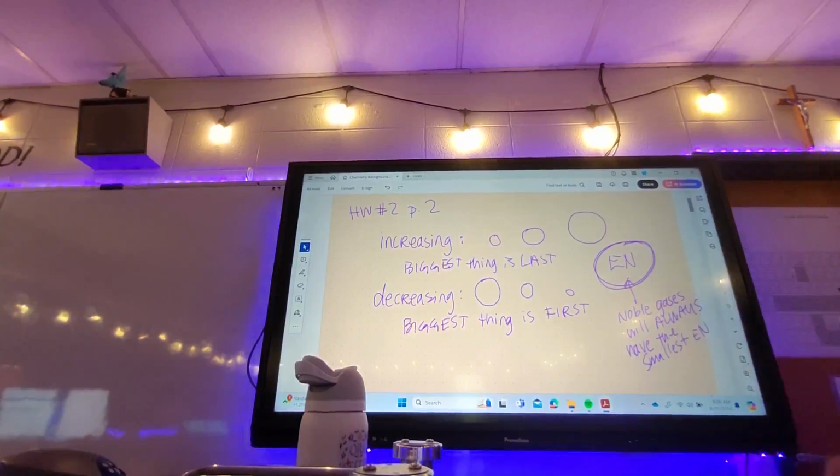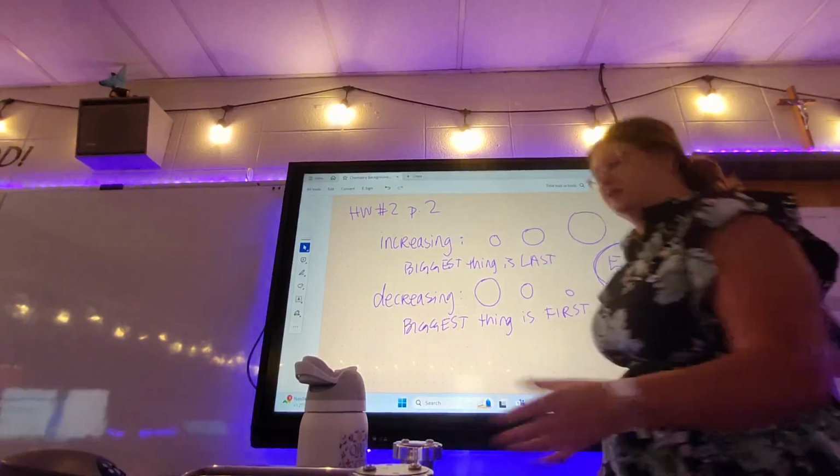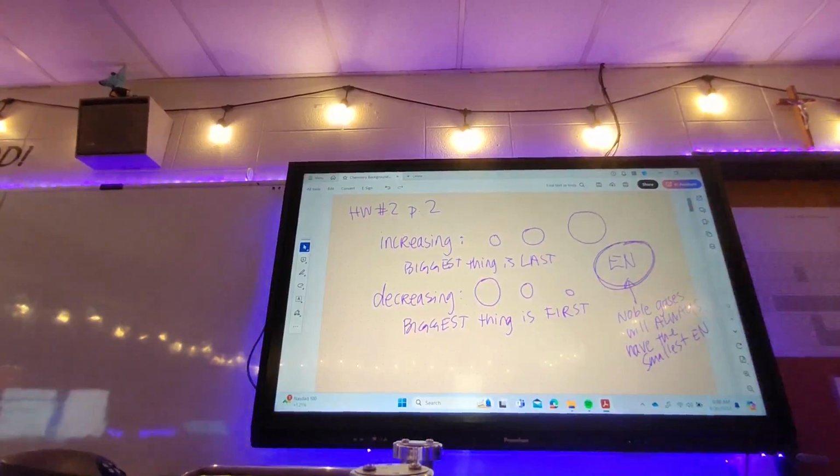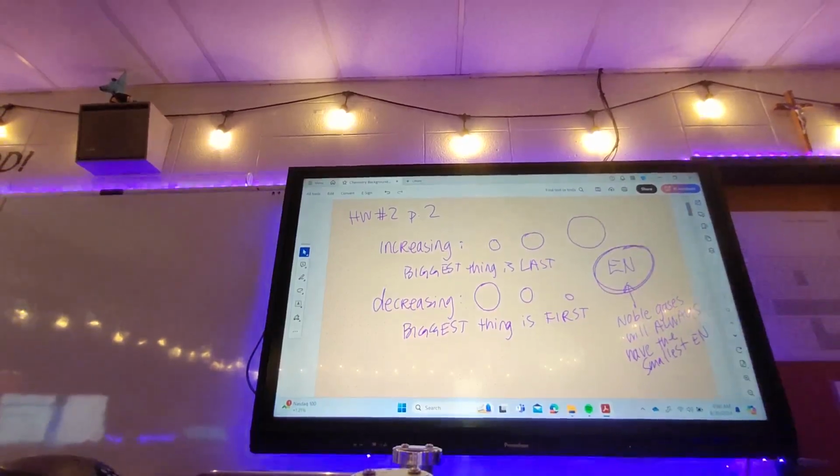That's not true for any of the other periodic table trends, only electronegativity, because they have none. None is a smaller number than any other number, no matter how small. So for electronegativity, you have to have the noble gases being the smallest.